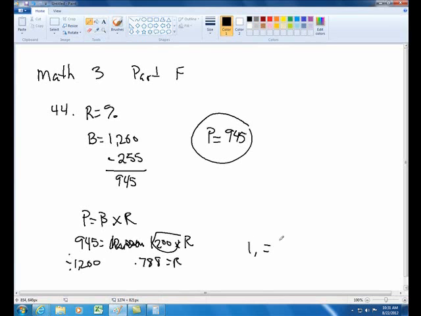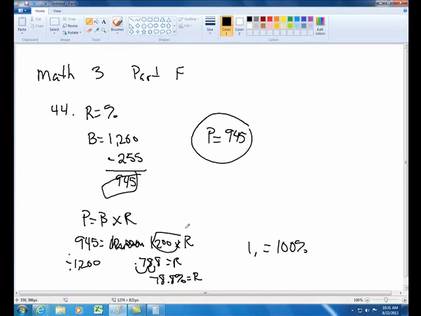So from decimal to percent, I move it 2 places to the right. So 1, 2, 78.8% equals my rate.